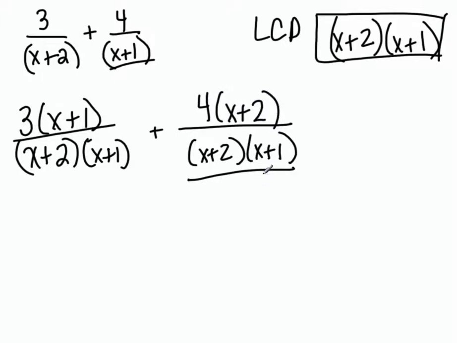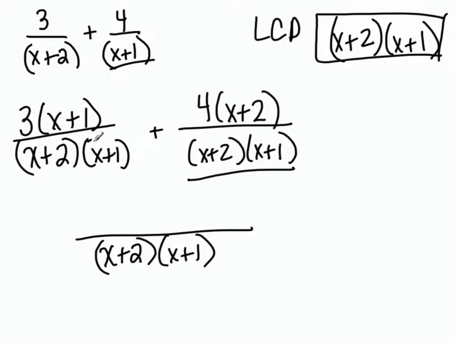Who has questions? Can I cross these out? Sure, I can cross them out, but where would I be? Right here. I don't want to work backwards. So now are my bottoms the same? Yes. So that would be x plus 2 times x plus 1.